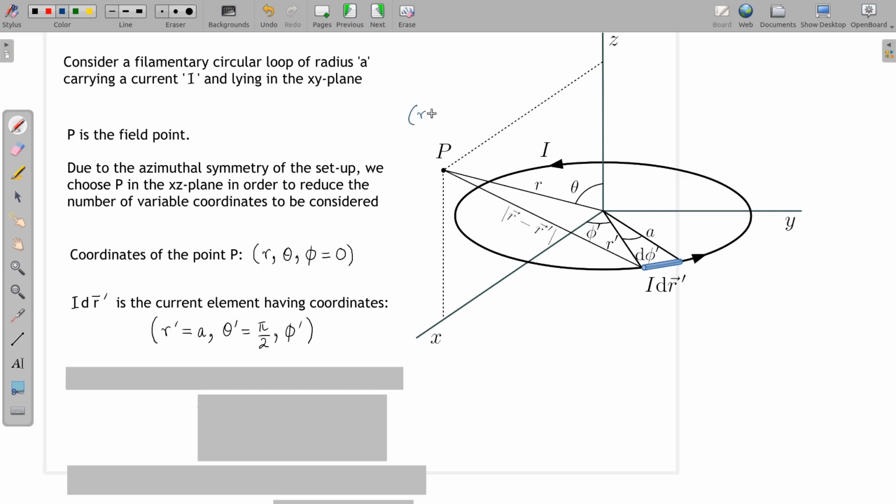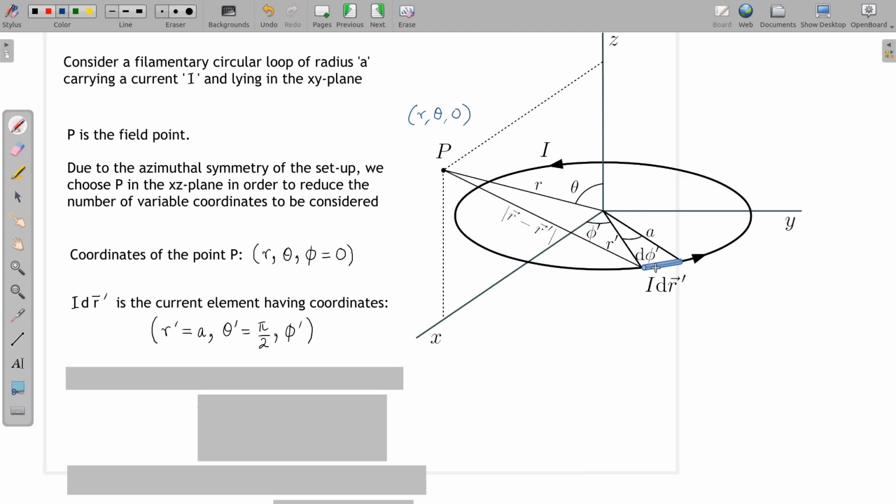Here r is the first coordinate, theta is the angle that the position vector r makes with the z axis, and phi is the azimuthal angle. Because we have chosen P to lie in the xz plane, and the azimuthal angle is always measured with respect to the x axis, phi will be 0. So these are the coordinates.